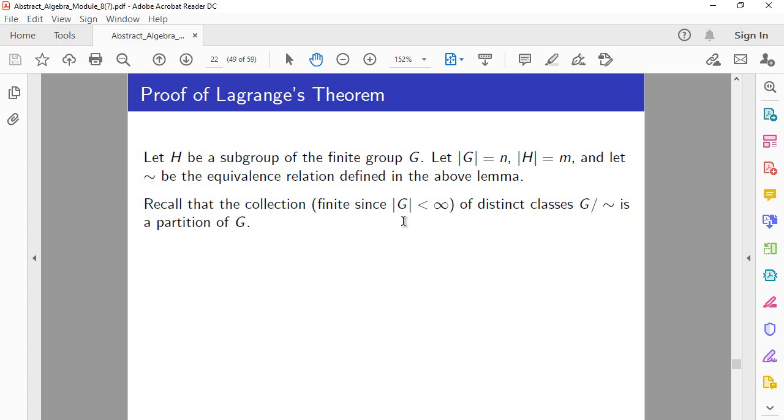So we defined a relation on the group G, and we got an equivalence relation, and so the distinct classes form a partition of G. When I say that, it means that the total number of elements in the distinct classes is the same as the number of elements in G, right? So every element of G is in one of the distinct classes.